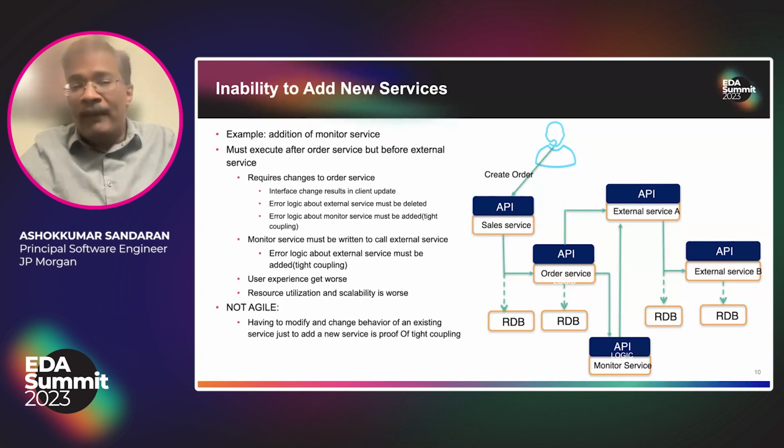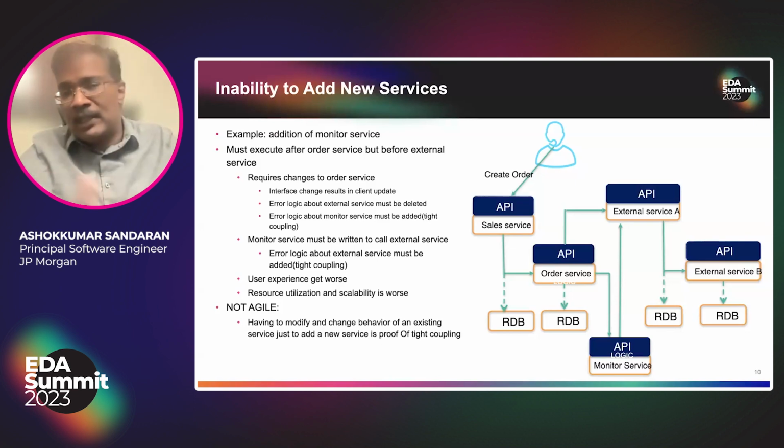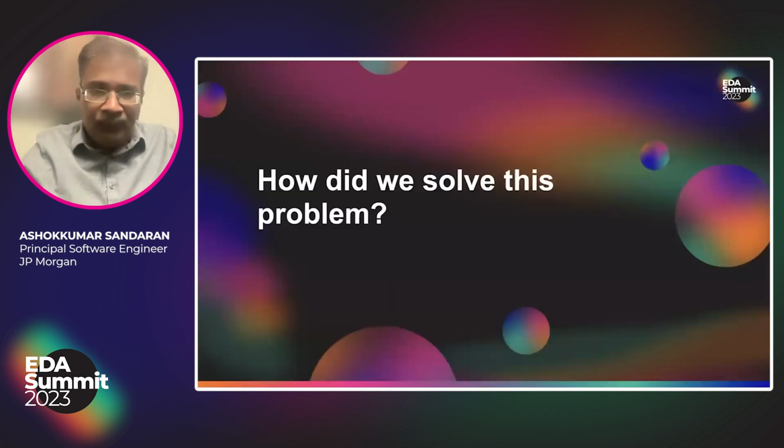So in order to easily add a new service, let's say we are introducing a layer between the order service and the external service. Now the order service has to change, and external service A also has to be changed. So these things add complexity. There is no way that I can easily add a layer in between because of the tight coupling.